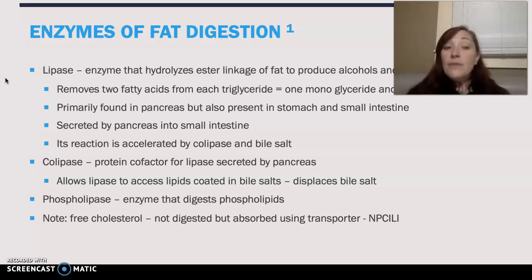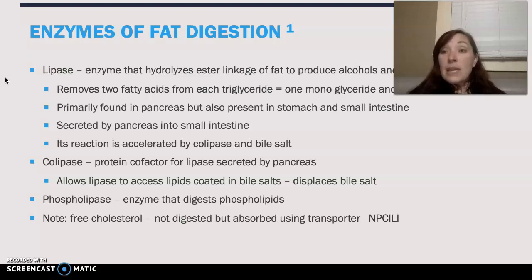And then we have phospholipase. It's an enzyme that digests phospholipids. Phospholipids are actually the second largest form of fat that we digest in our body. And the phospholipids get broken down and absorbed through the mucosal cells. And then a majority of them get repackaged into the chylomicron, which you'll see here in just a moment.